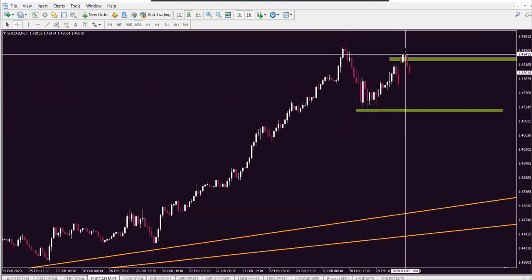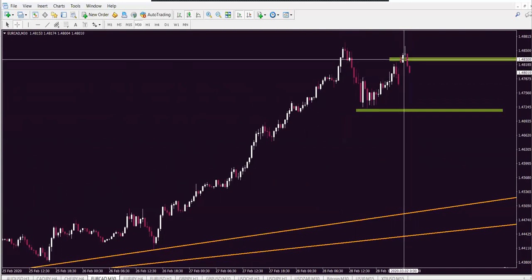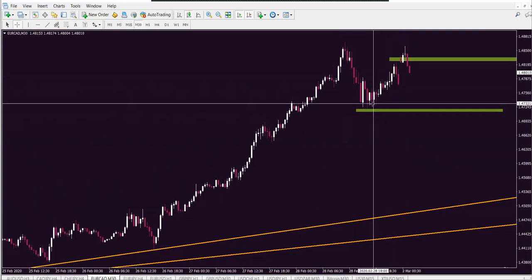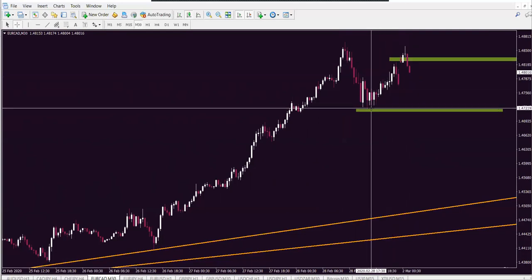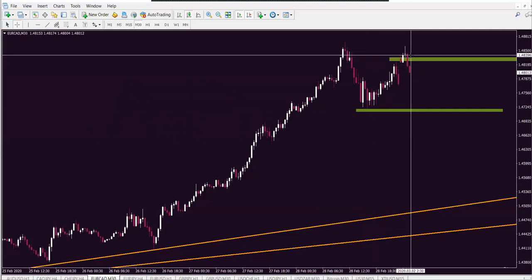The market gapped a bit. I was also saying if we got a strong break of this high and price didn't break below this low, I would be interested in a buy.